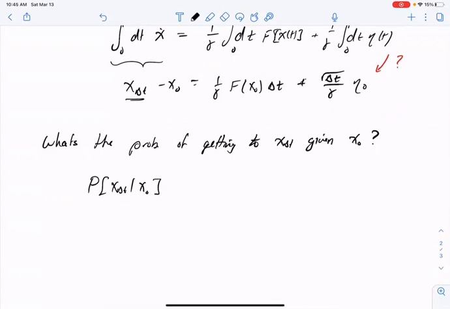So that conditional probability can be written out as an average over a delta function that returns 1 if x naught goes to x of delta t and returns 0 otherwise.